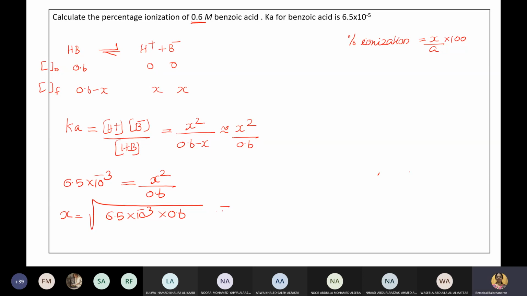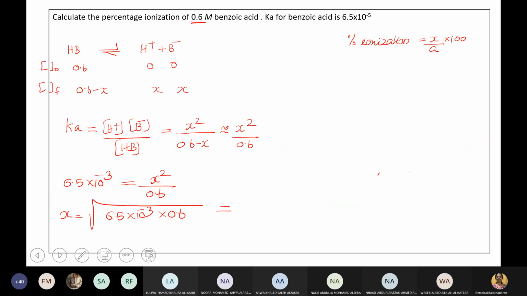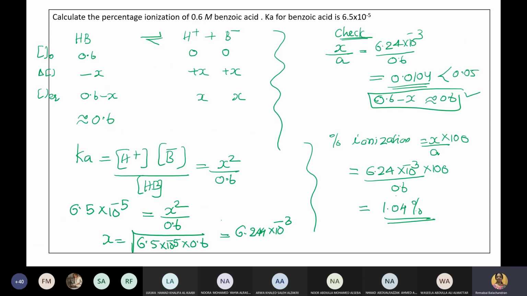Please tell me the answer. x is 6.244 times 10 to the power minus 3, right? This is minus 5, I wrote minus 3 earlier.